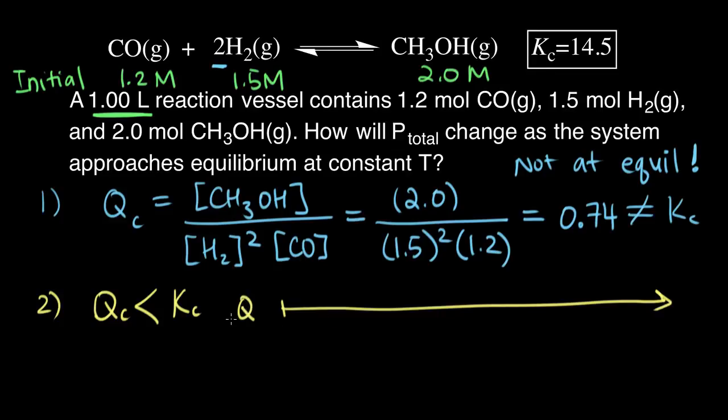If we look at all possible values of Q, when Q is 0, we have all reactants. When Q is infinitely large, we have all products. And then we have all of the possible values in between.